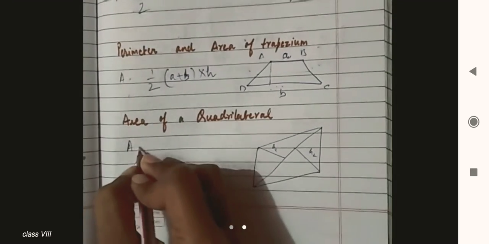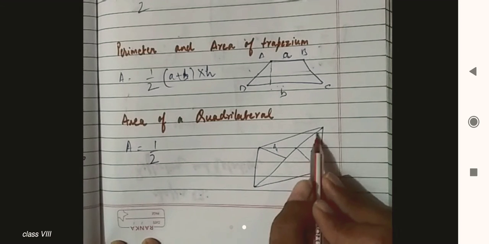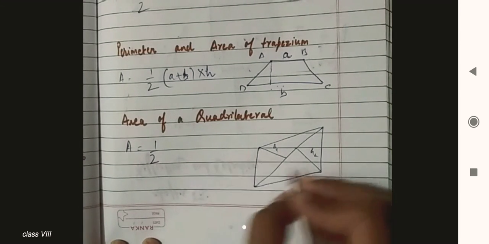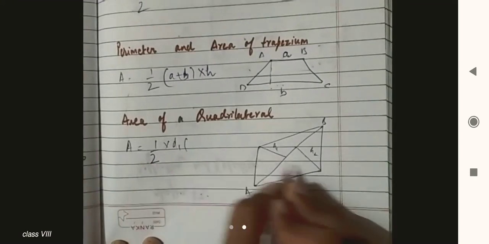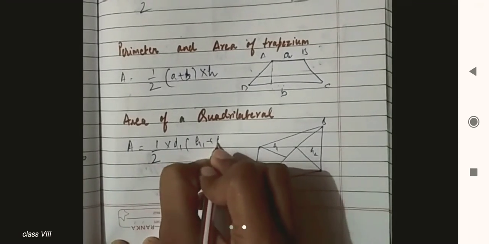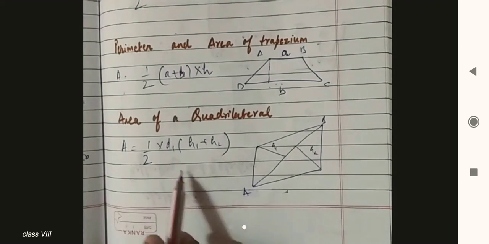The area will be half, taking the base on which the heights are common, you can say this is the diagonal, so half d1 into the sum of the heights, h1 plus h2. So if you place it in such a manner, you will use this type of formula. So these are some formulas of some special figures.